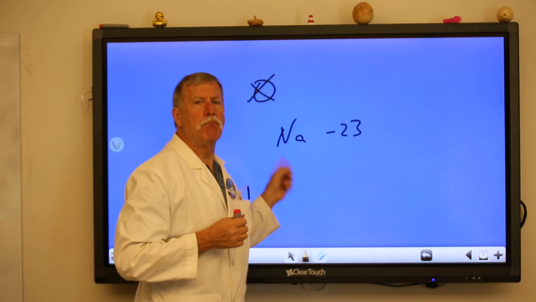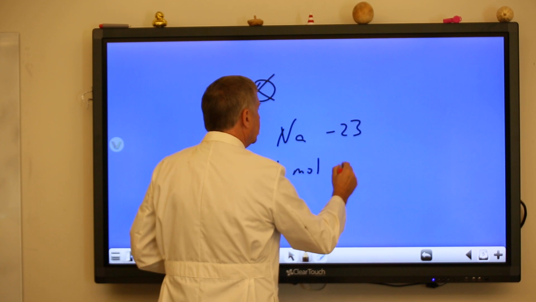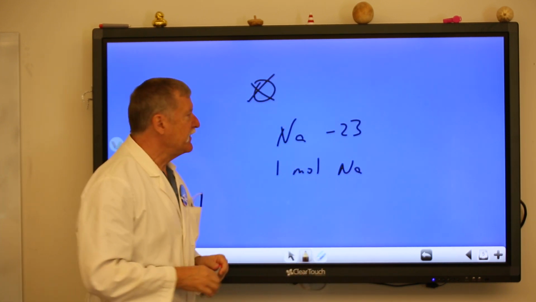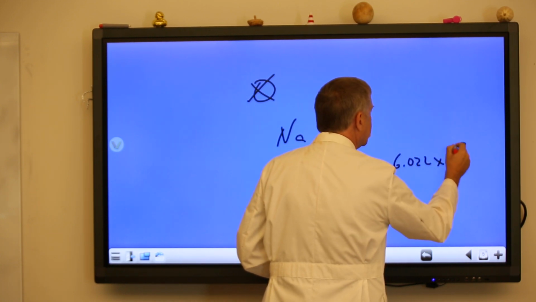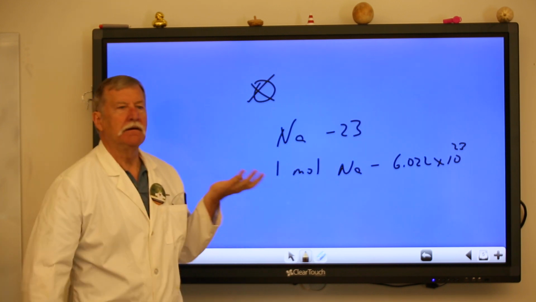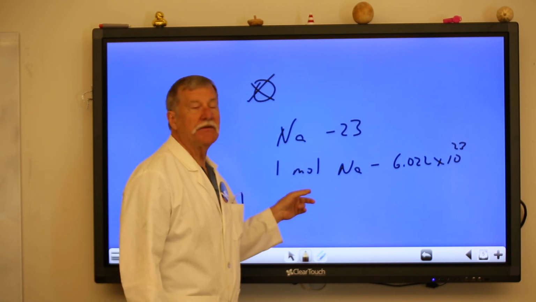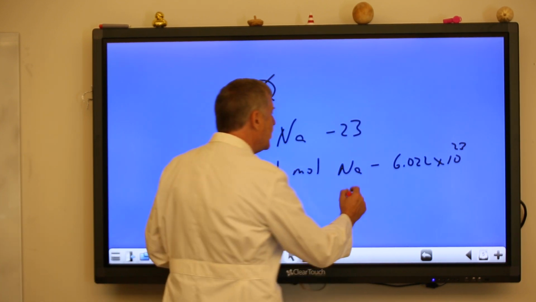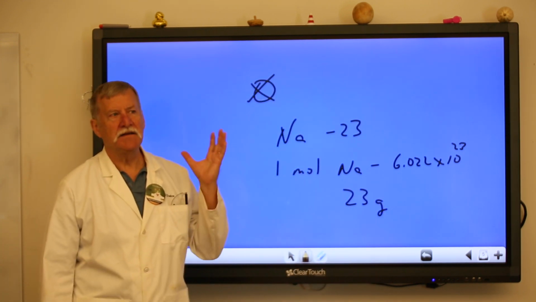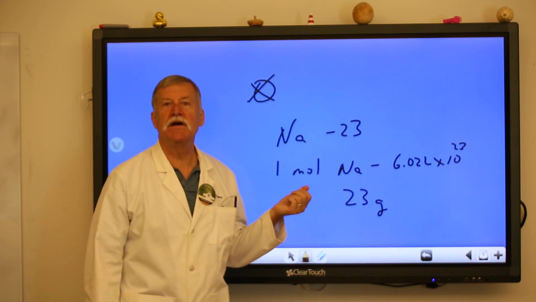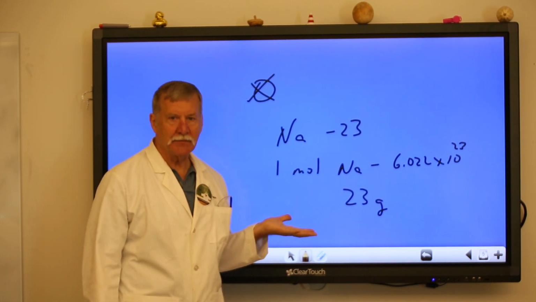If I have 1 mole of sodium, that means I have 6.022 times 10 to the 23 atoms of sodium. And guess what? That amount of atoms of sodium is going to weigh 23 grams. The atomic mass goes with the amount in grams of 1 mole of that element.